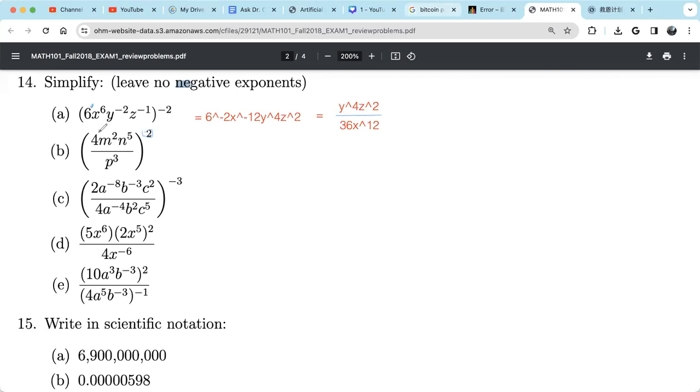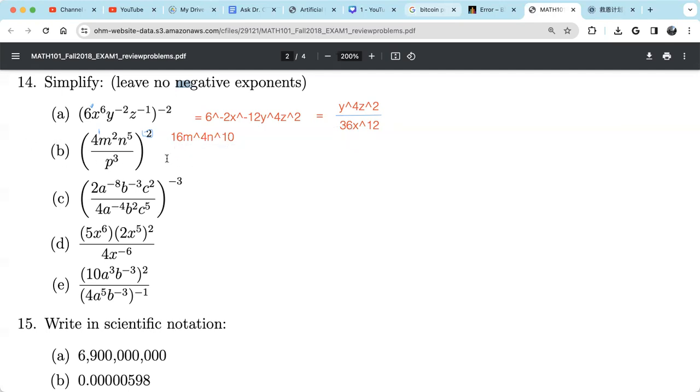So 4 by default is 4 raised by 1. So 1 times 2 is 4 raised by 2, so 4 squared is 16. M squared, then squared again. So 2 times 2, 4. M raised by 4. N raised by 5, then squared. 5 times 2, n raised by 10.